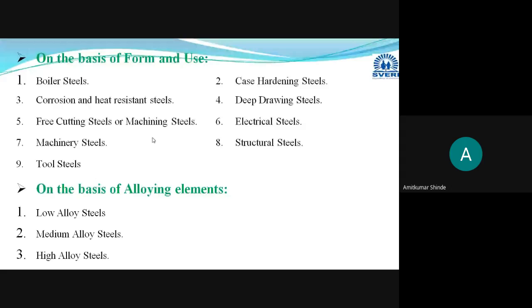And the last classification is on the basis of the different alloying elements, meaning the percentage of the alloying elements present in the steel.